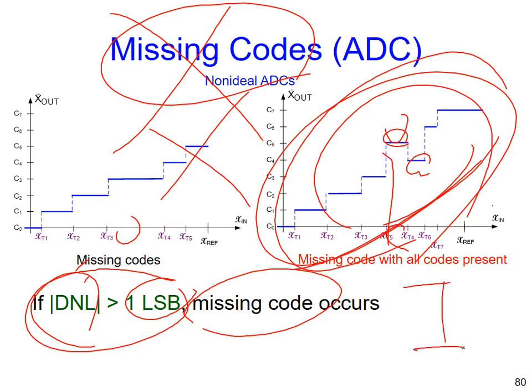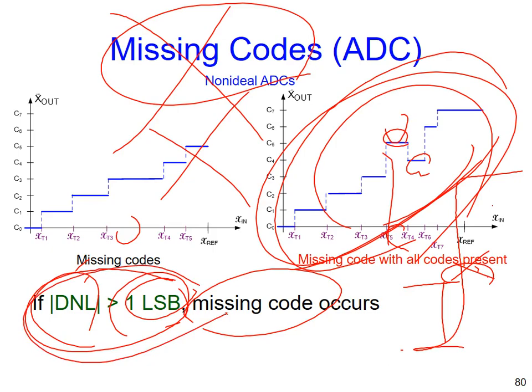One ideal step. So if DNL is larger than 1 LSB, it means, wow, 2 steps. Right? So, by definition, one of the break points is missed. Got it? You don't have any code for this one.